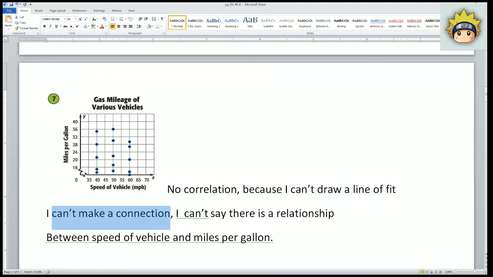I can't make a connection, and I can't say there is a relationship between the speed of a vehicle and miles per gallon. No correlation, because I cannot draw a line of fit. Okay, there you go.